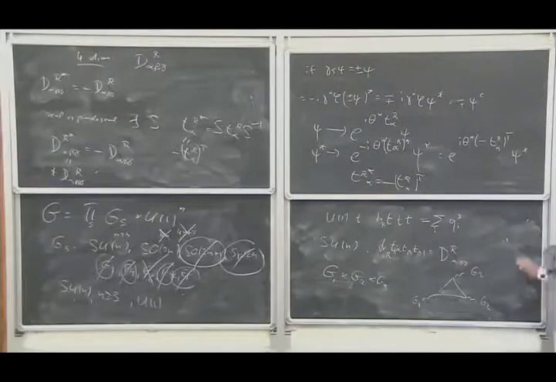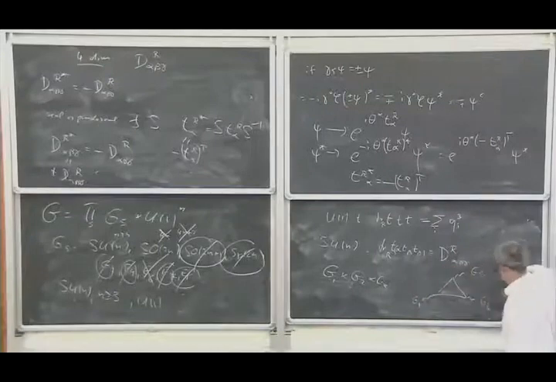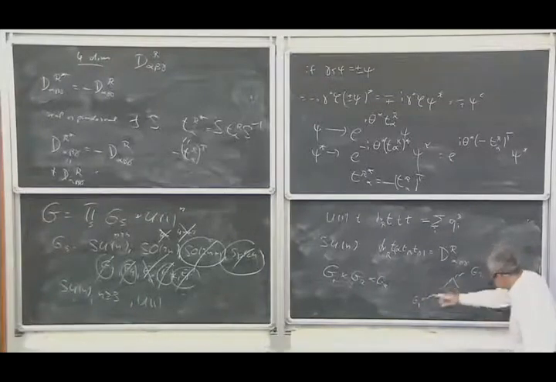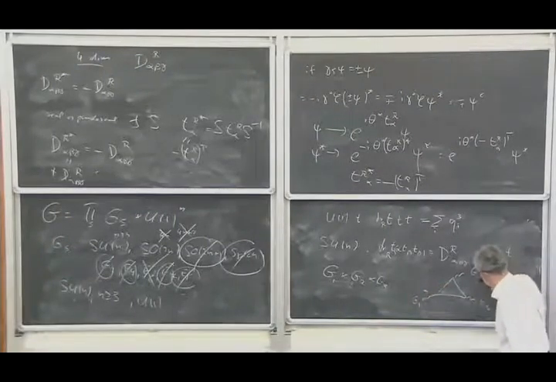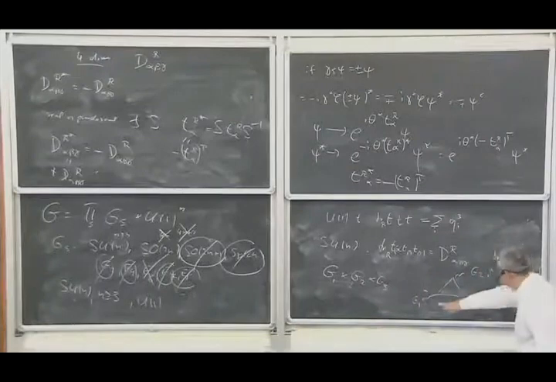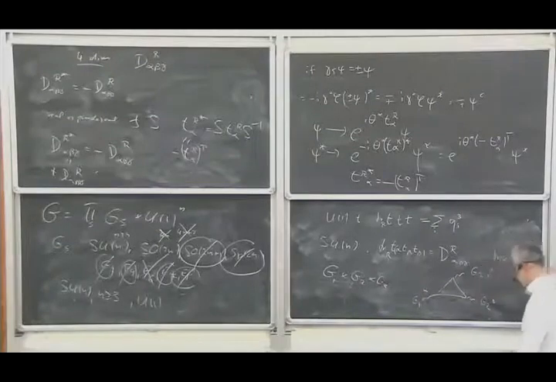So in this case, the corresponding D symbol is the trace over some big reducible representation of the product group. If this is alpha, this is beta, this is gamma, we have a generator T alpha of G1, and then generators T beta and T gamma of G2. Now these generators don't talk to each other, so the trace factorizes. That's a trace of T alpha, and then a trace of T beta, T gamma.